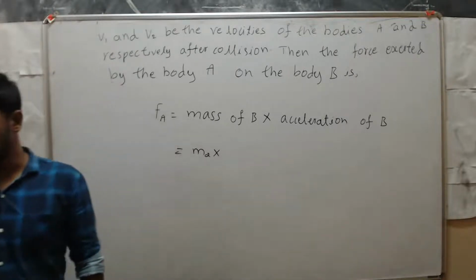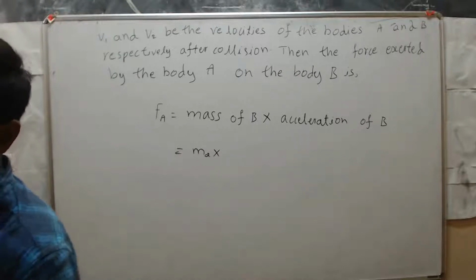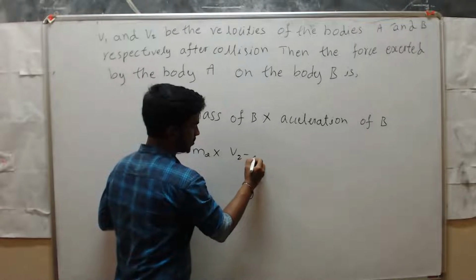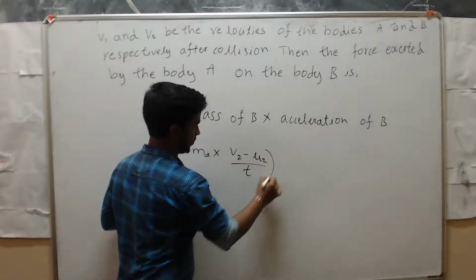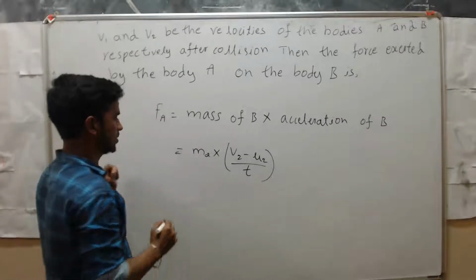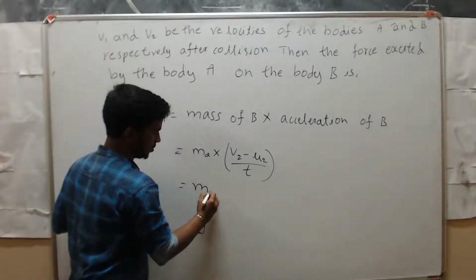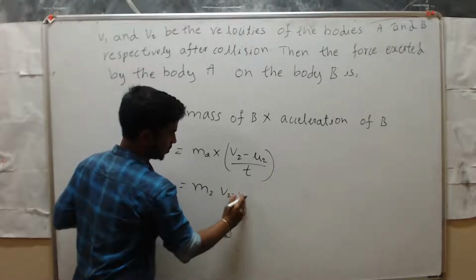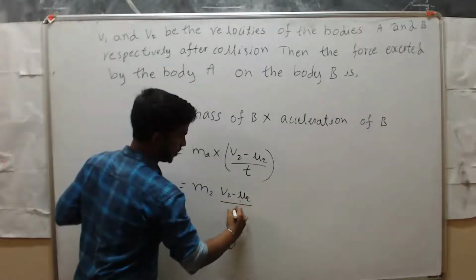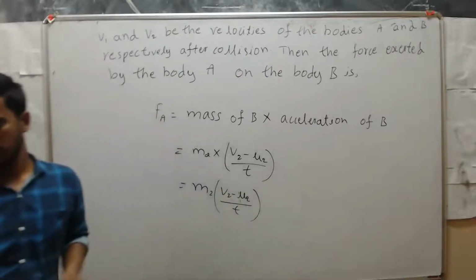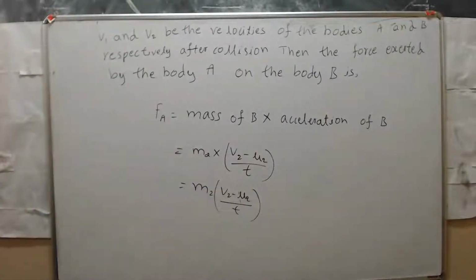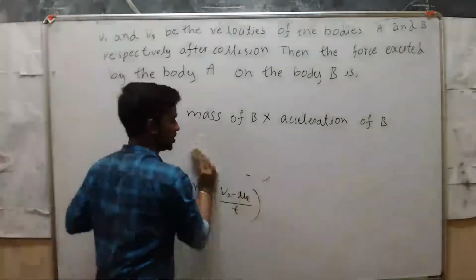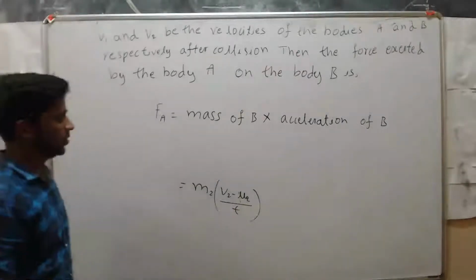Here object B's velocity changes from u2 to v2, that is v2 minus u2, in time t. So we can write this as m2 into (v2 minus u2) divided by t. You can write this directly also, no problem.